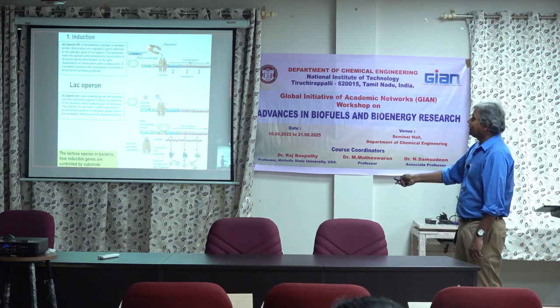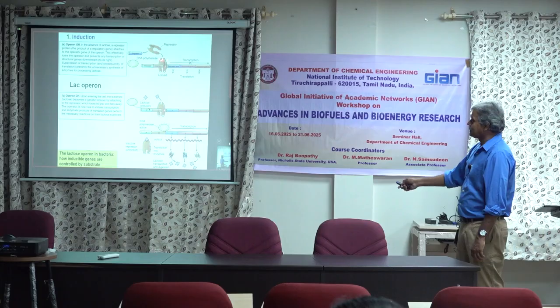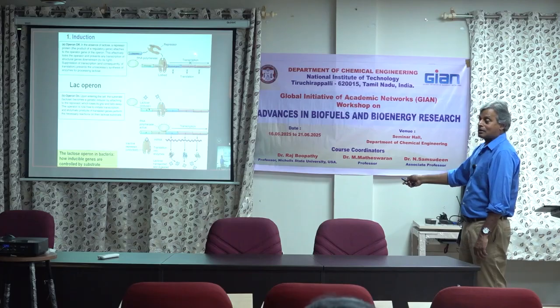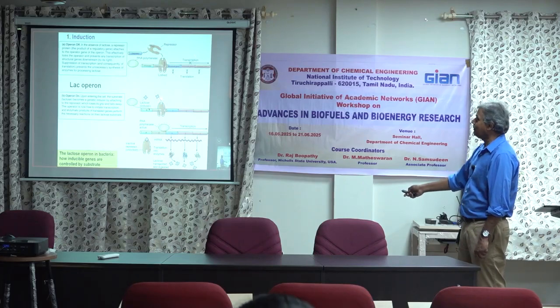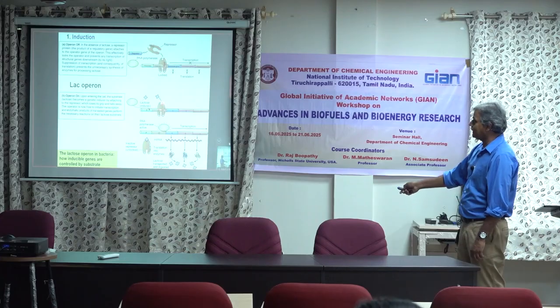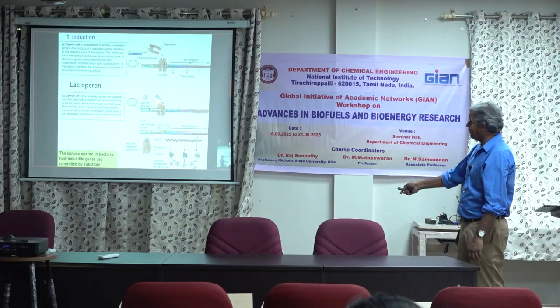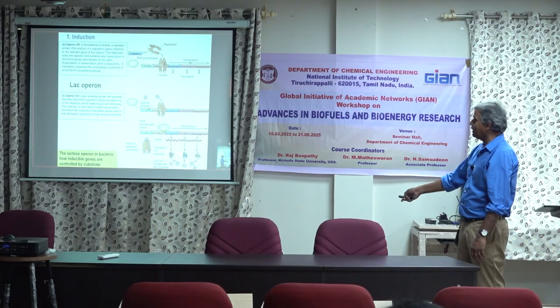So when there is a repressor that blocks your RNA polymerase, the gene is not turned on. When you drink milk, a small part of the milk, lactose, goes and sits there, and it changes the structure of this repressor protein, and it falls apart. Now there is nothing to block the RNA from being expressed.